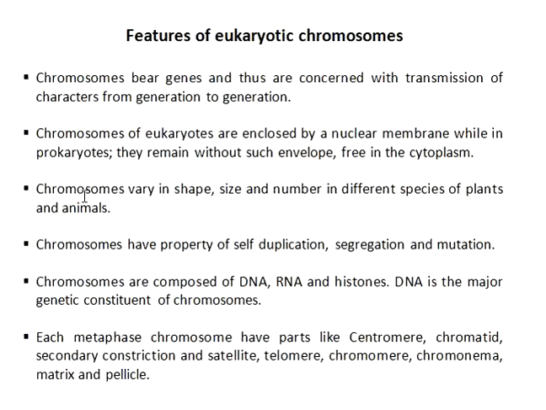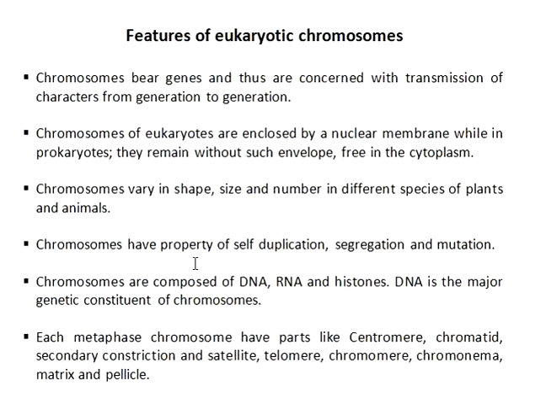Third, chromosomes vary in shape, size, and number in different species of plants and animals. Commonly each diploid species contains 2n chromosomes, two sets, one from the male parent and another from the female parent, through the gametes.